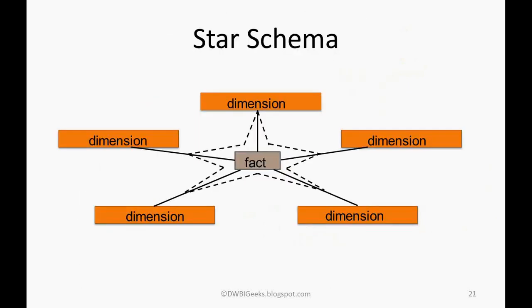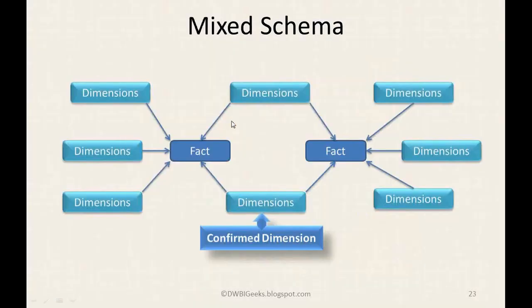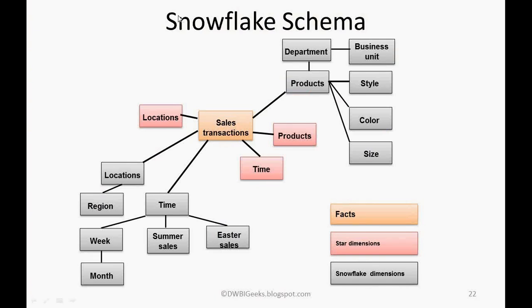In a snowflake schema, we have a fact table, and the fact table has a direct relationship with a dimension table, and this dimension table has relationships with some more other dimension tables. There are like three levels of structure here, shown with an example. Let us say a sales transaction: this is the fact table, and these locations, products, and time are all descriptive data.